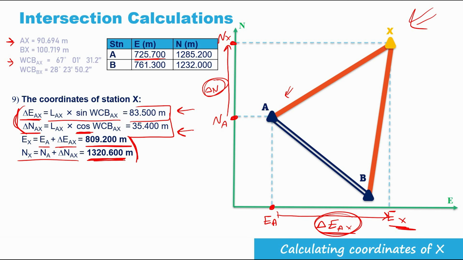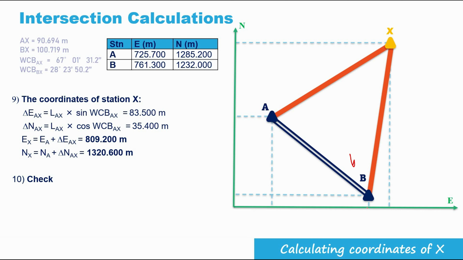Now to check our work, we are going to calculate the same coordinates but from station B now. We will use the coordinates of station B. The coordinates of station B, they are given here in the table. This is easting of B, this is northing of B. Yeah, so let's do that check because it is very important. So this is station B, guys, here.